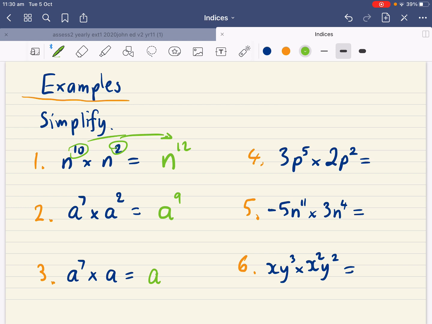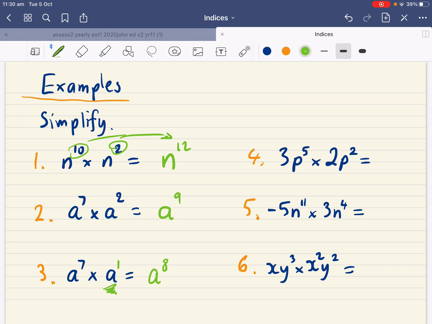Some people would say a to the 8. So decide maybe which one you would be. But certainly, if you have been following along all the lessons in the correct order, you would know that this a at the back, this second one right here, does actually have an index, and it's a 1. So certainly, if you were an a to the 8 kind of student, you'd be right on this one.